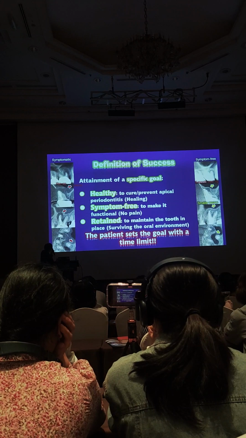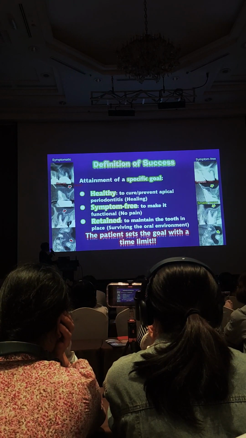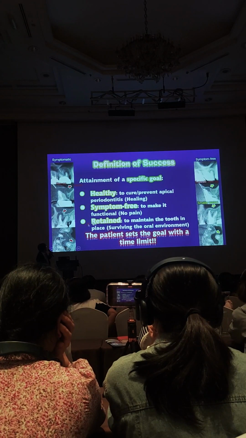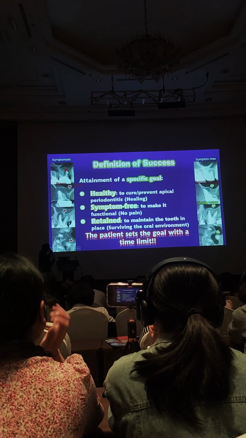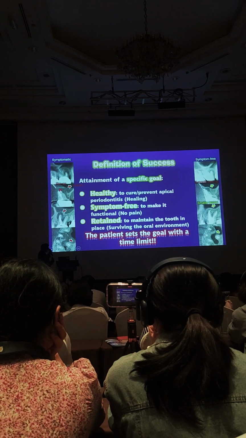So for example, here, can you see the radiograph? Where is my cursor again? Sorry, here. Okay. So here you see the big lesion on the mesiobuccal root, and this is a big lesion on the CBCT, the coronal view.